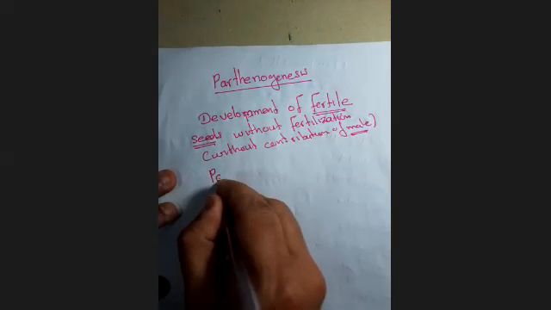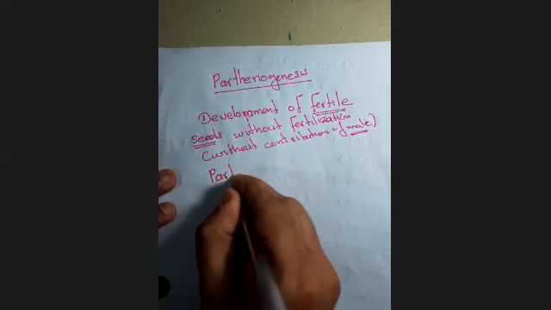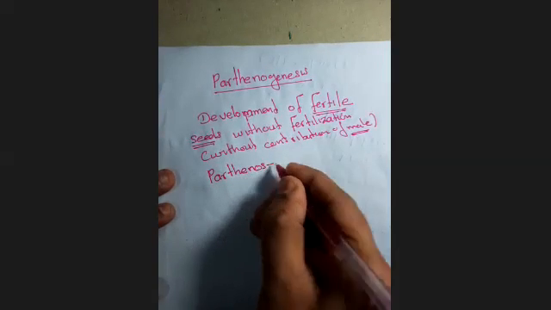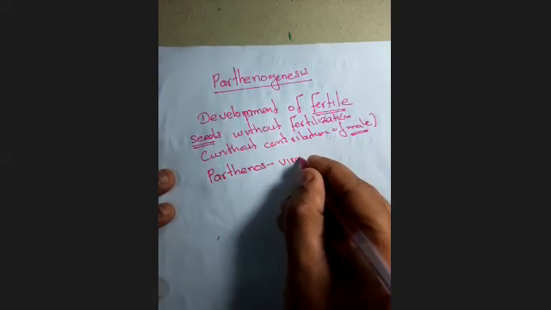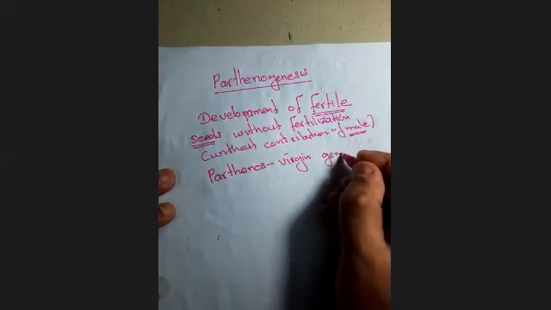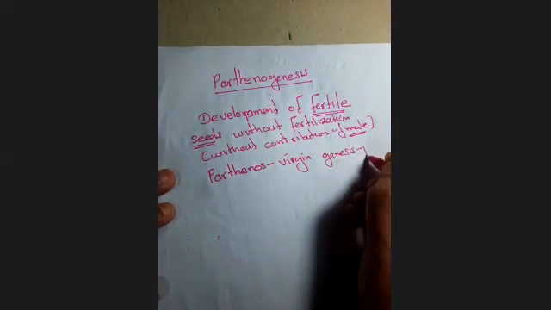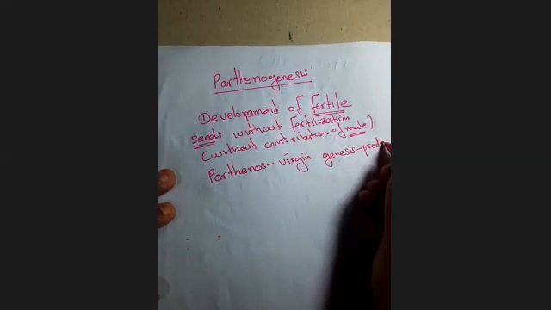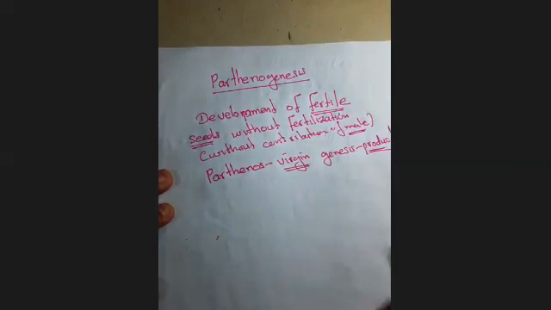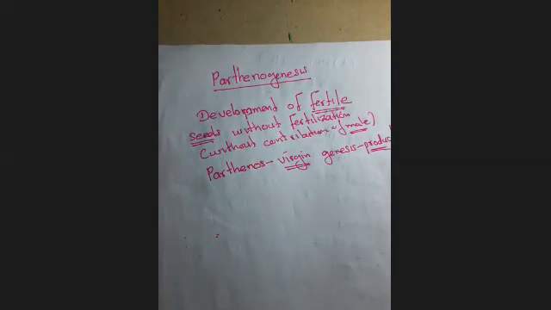Unmarried Virgin Mary gave birth to Jesus. Parthenos means virgin, Genesis means production. So how can you translate it? Virgin production. Understood?